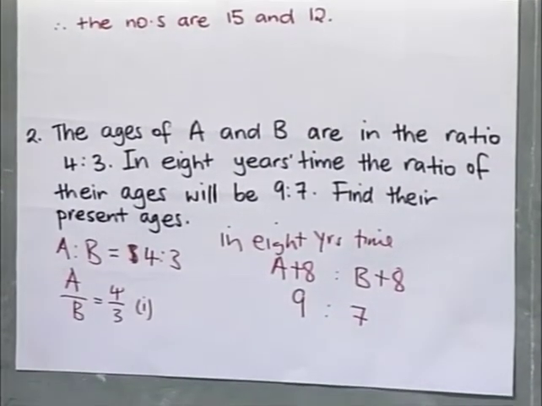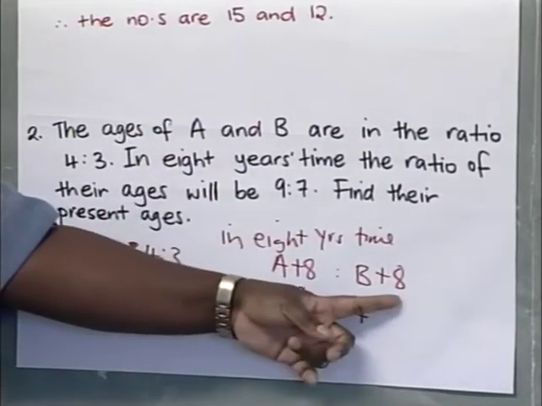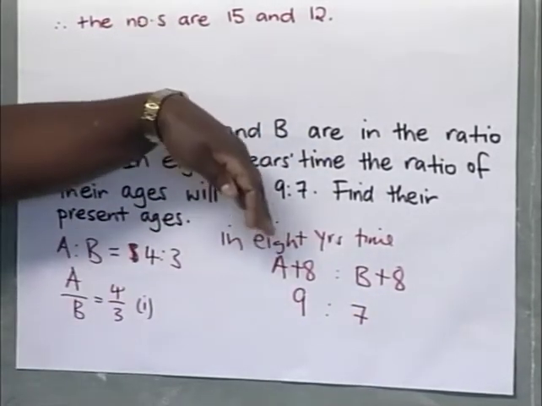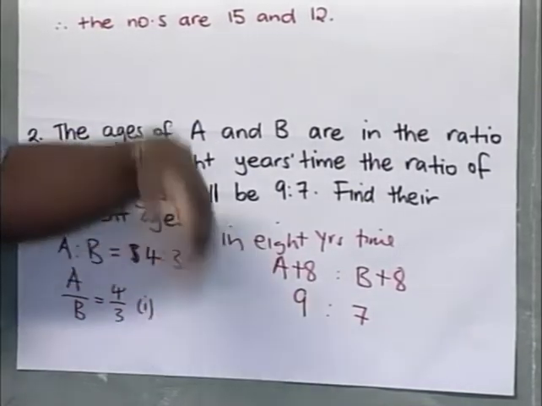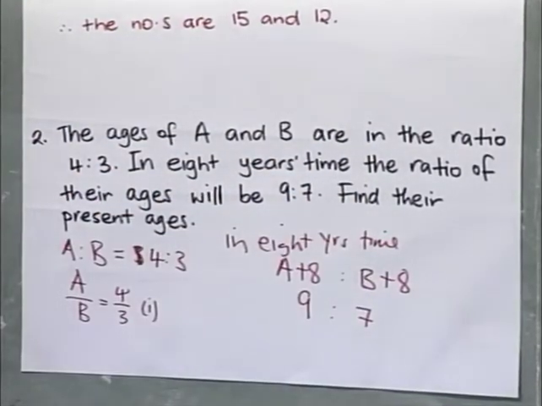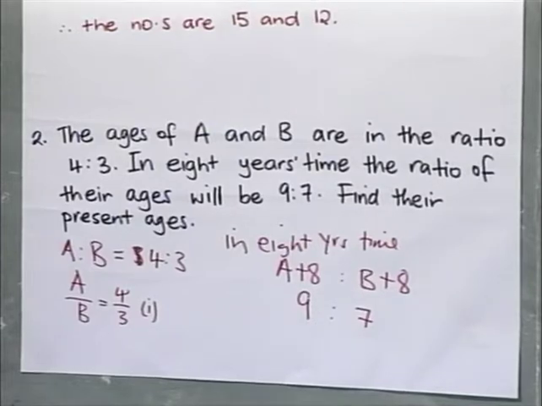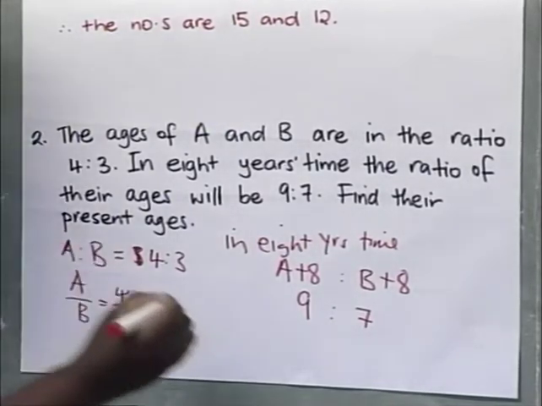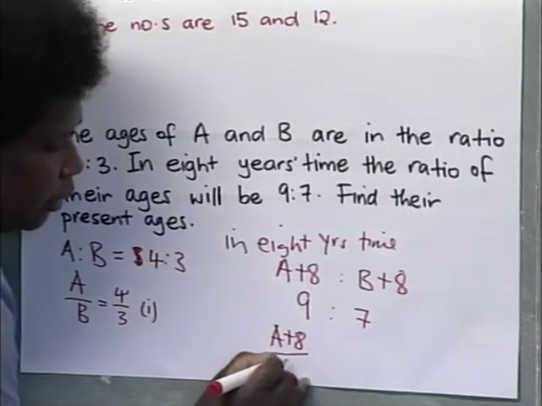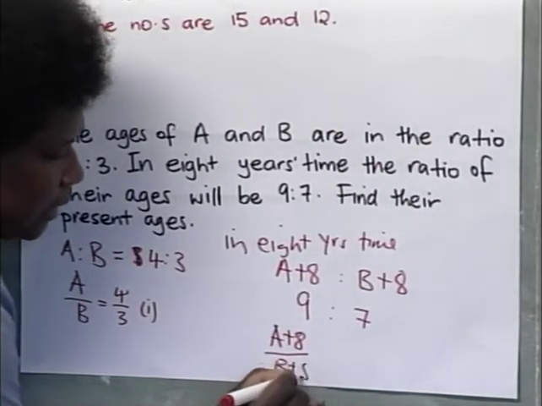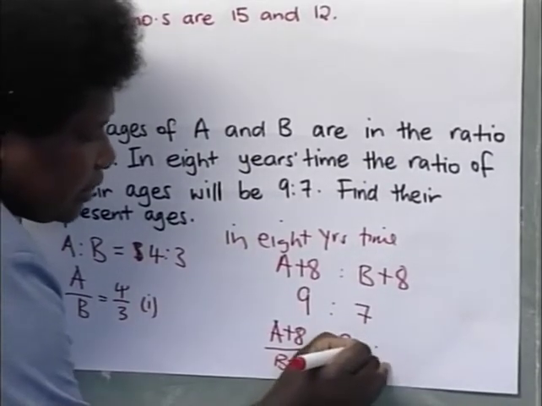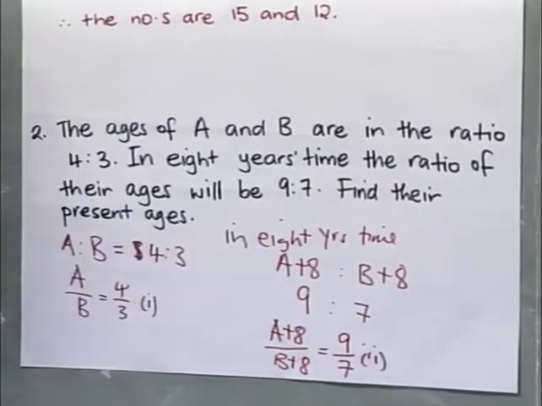You can either say A plus 8 over B plus 8 equals 9/7, or you can even say A plus 8/9 is equal to B plus 8/7, because this is direct proportion. It will still work, doesn't matter. So the other equation is A plus 8 over B plus 8 will give 9/7. This is equation number 2.